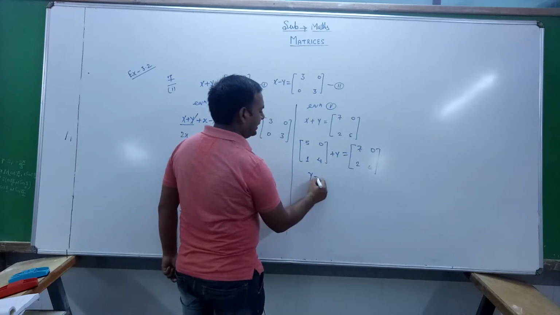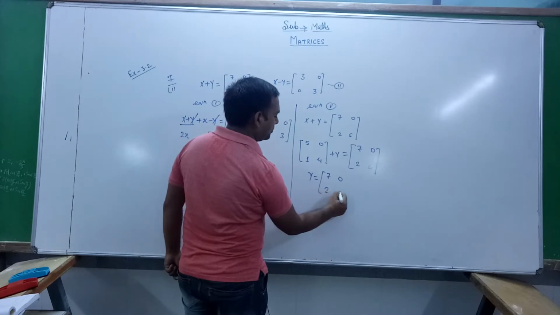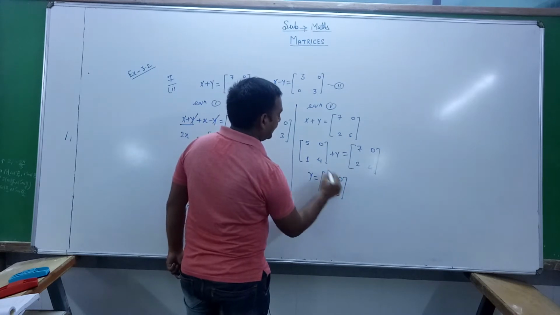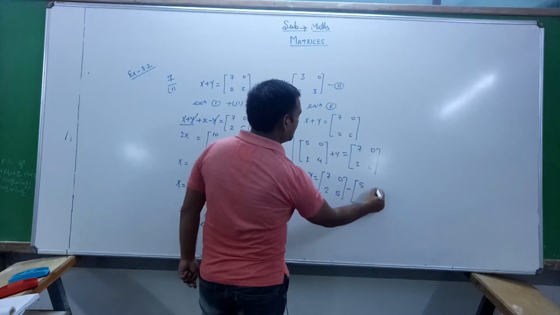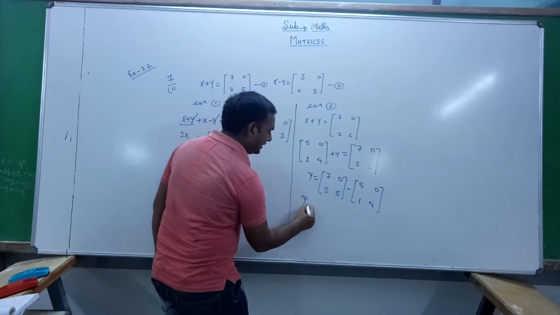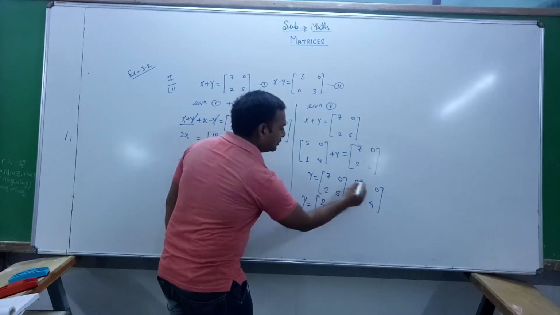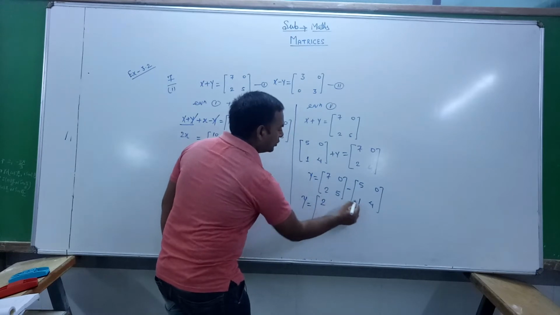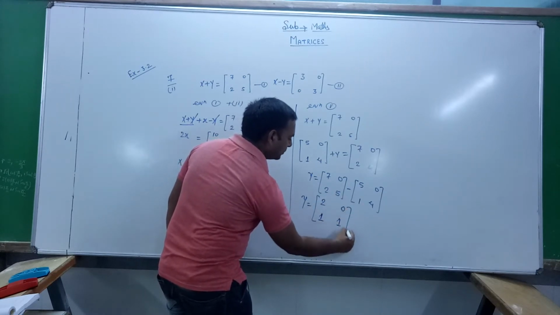Then matrix y is equal to 7 0 2 5, and if this goes to that side, it gets a negative sign: minus 5 0 1 4. Then y is 7 minus 5, that is 2, 0 minus 0, that is 0, 2 minus 1, that is 1, 5 minus 4, that is 1.